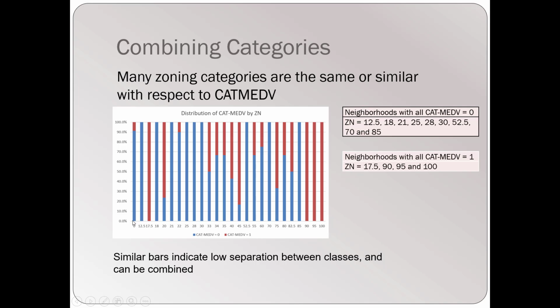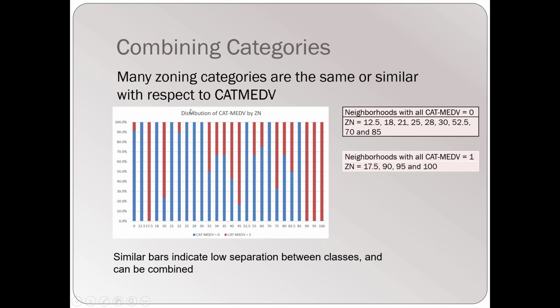If we have a similar pattern, for example here these three are identical, so we can combine these three, and these two. Look at these two, 34 and 35: they have an identical shape, so these two can be combined.